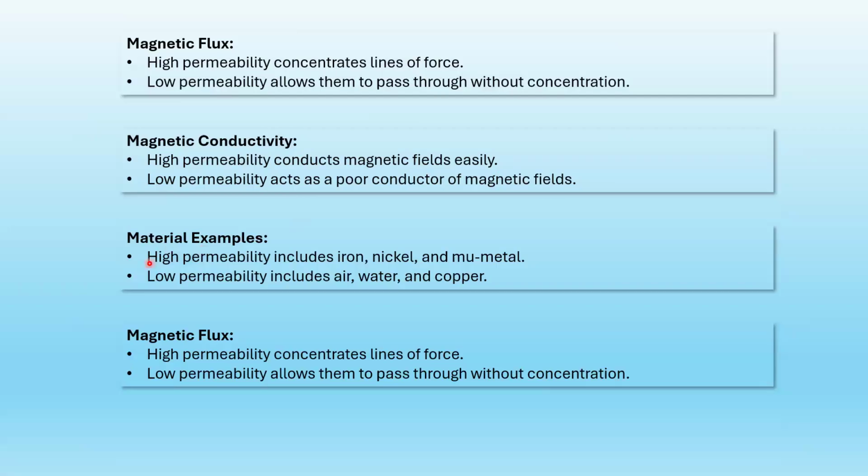Material examples. High permeability objects include iron, nickel, and mu metal. That should be, well, mu, the Greek letter mu. That's how you read mu.